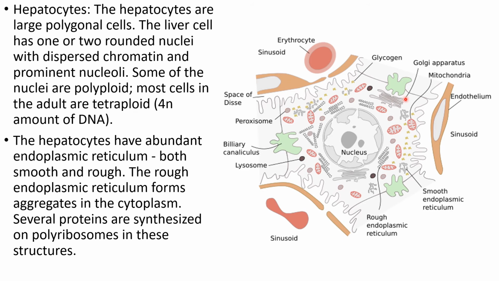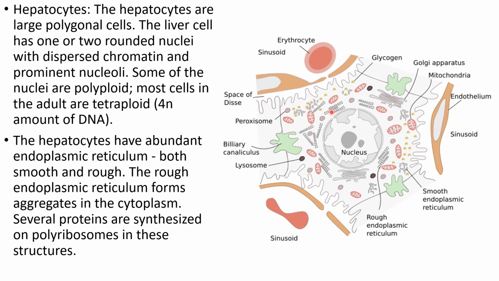Both the smooth and rough endoplasmic reticulum are abundantly present in the hepatocytes. The rough endoplasmic reticulum forms aggregates in the cytoplasm. You can see here the rough endoplasmic reticulum forms aggregates.